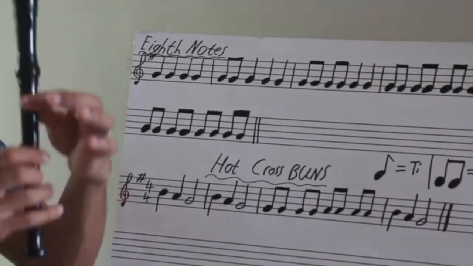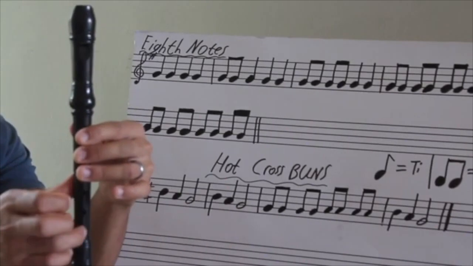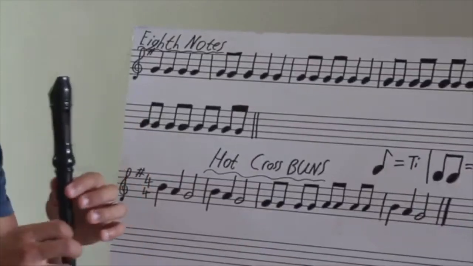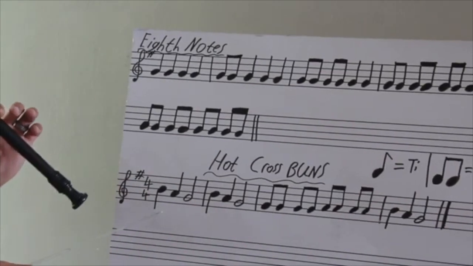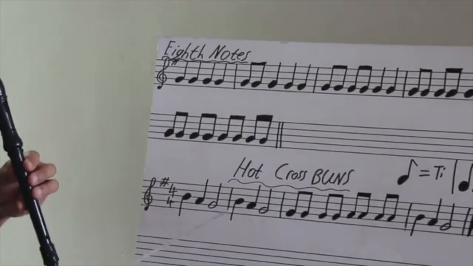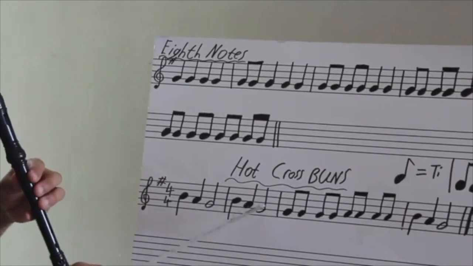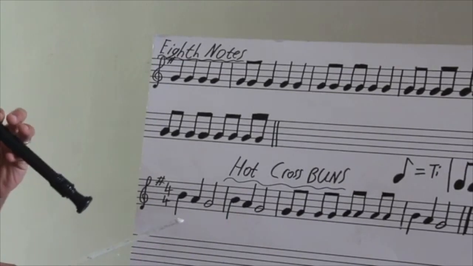So let's try that out. B, A, G. All right? So let's play together. 1, 2, 3, go. That's it. Now let's play these two because they're exactly the same, these 2 bars. 1, 2, 3, go.